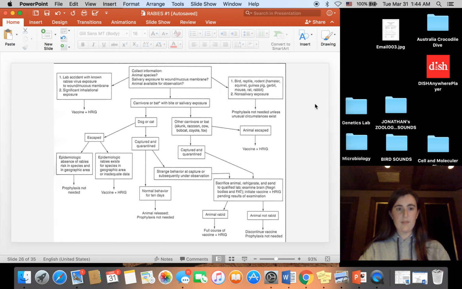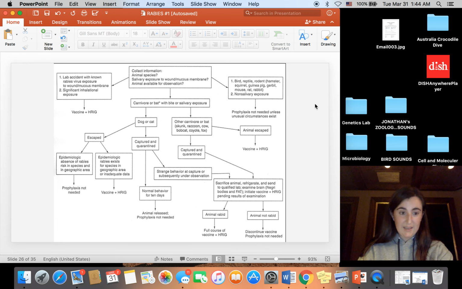With this chart that I have, it's like a flow chart, so it gives you categories. For animal species, if you have a dog, you go to dog, and then you go either escaped, captured, or quarantined.